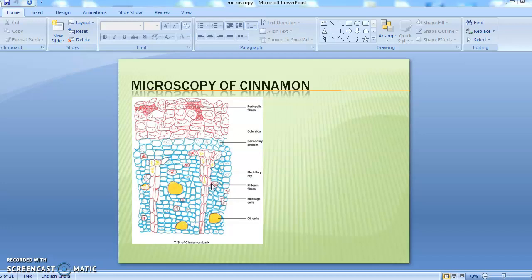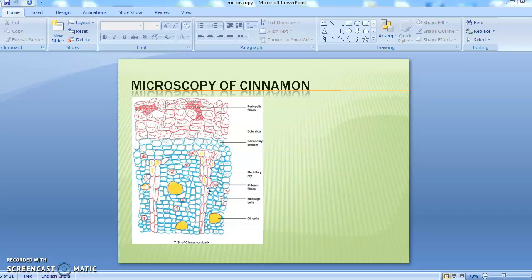They are more abundant towards the inner part of the bark. These phloem fibers are present inside the cortex, in the inner part of the bark. They are circular and slender, and their lignified walls show stratification.